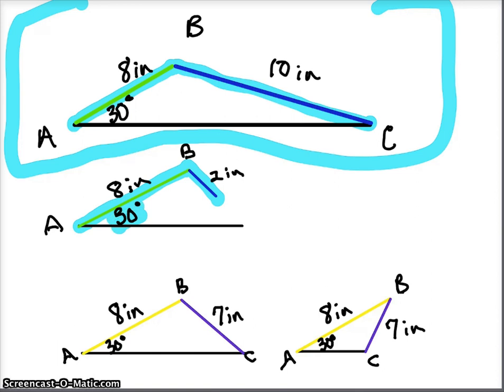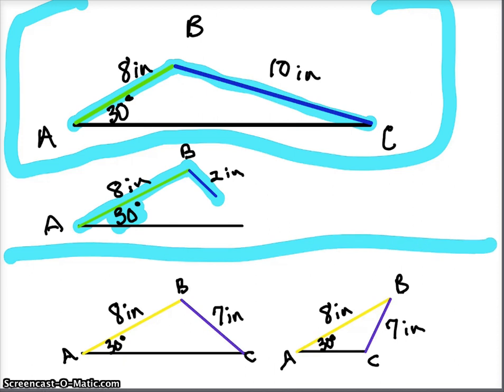So there was no triangle in this second case. And in the final case, you found that when you kept the 8-inch side and used a 7-inch, some 6 inches, some 5 inches, you were able to create two completely different triangles with that given information.